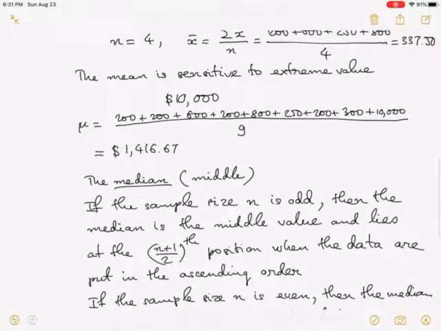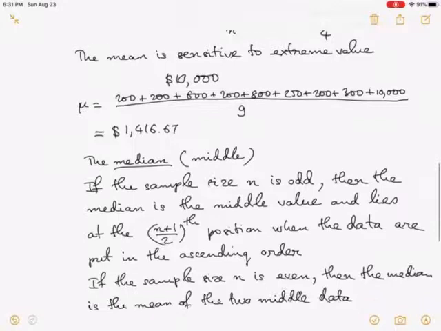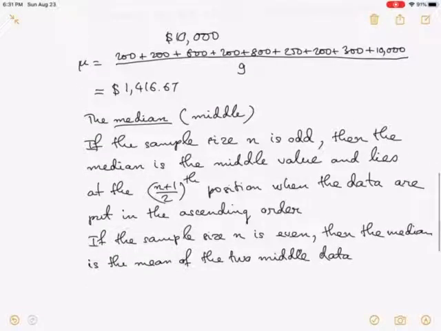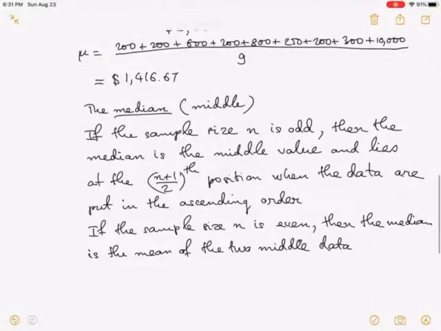So let's come back to the example of the price of telephones. Now, to find the median for the set of data of 8 cell phones, first we have to put the prices in ascending order.